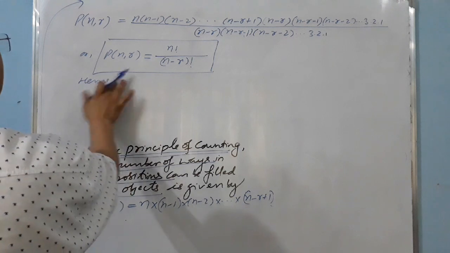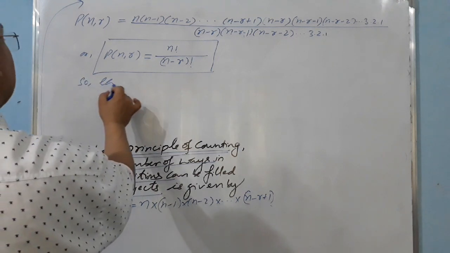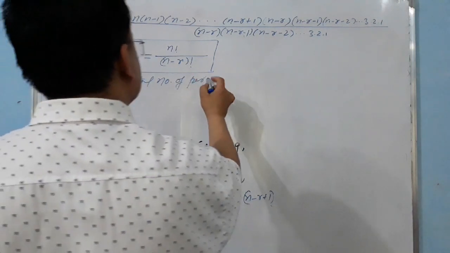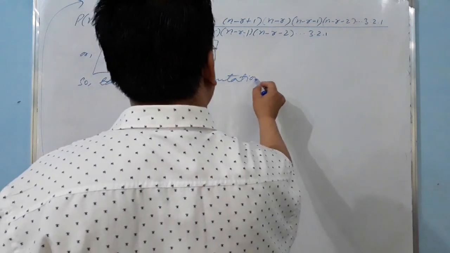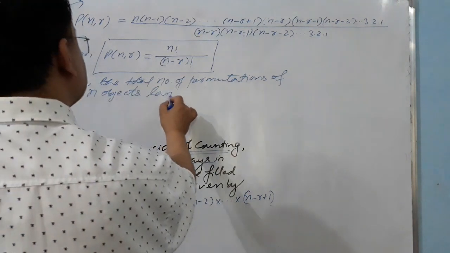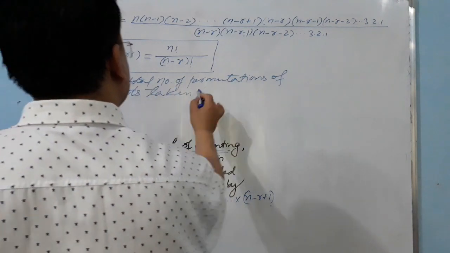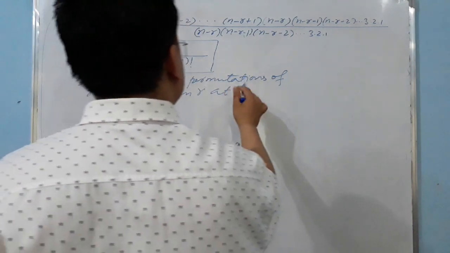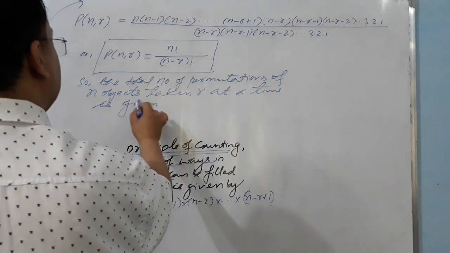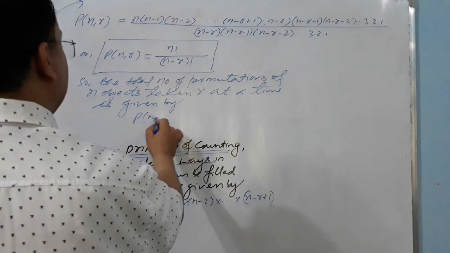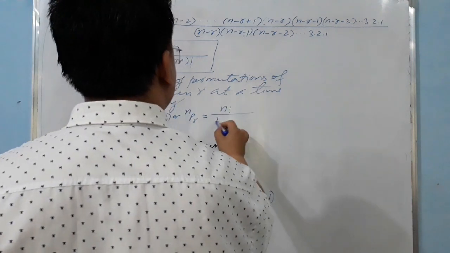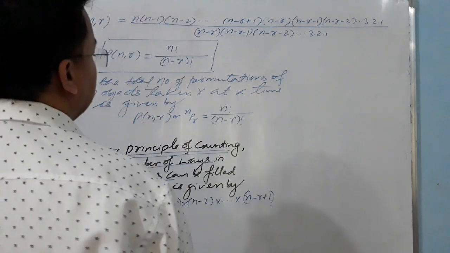So this is the theorem, we can say now. Hence, the total number of permutations of n objects taken r at a time is given by P(n, r) or nPr, which is n factorial upon n minus r factorial.